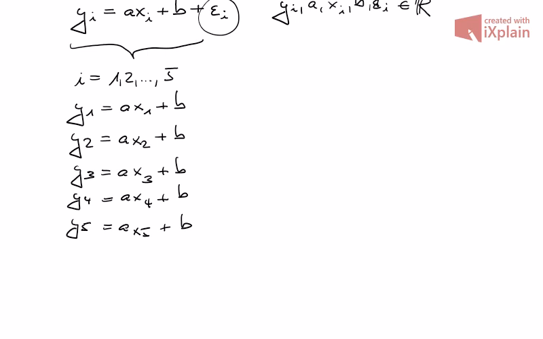Examples never really make sense, but let's say that yi is the shoe size of someone, and xi is the height of someone. And both, for example, measured in centimeters or whatever.